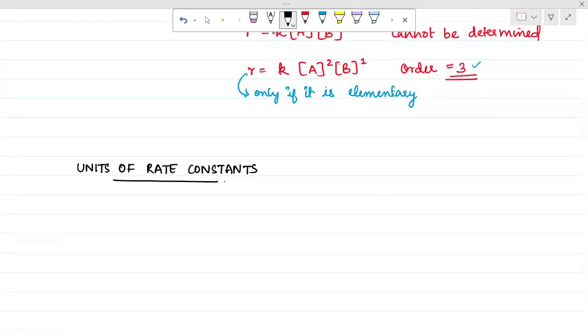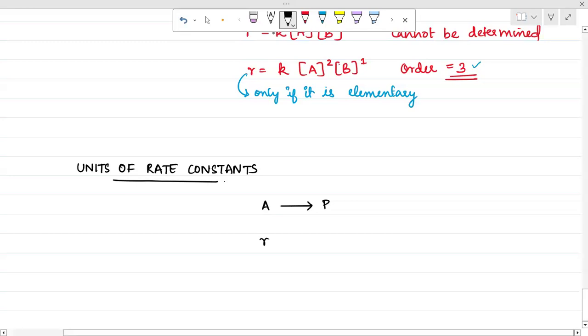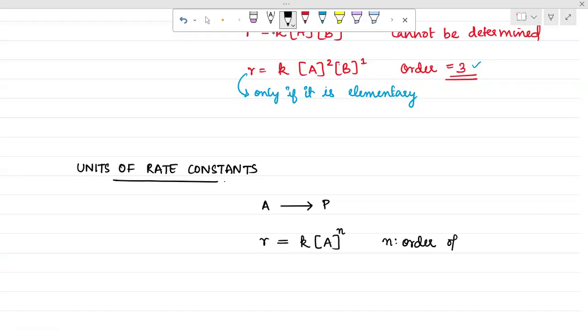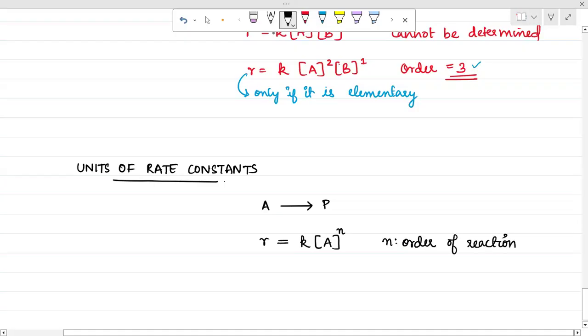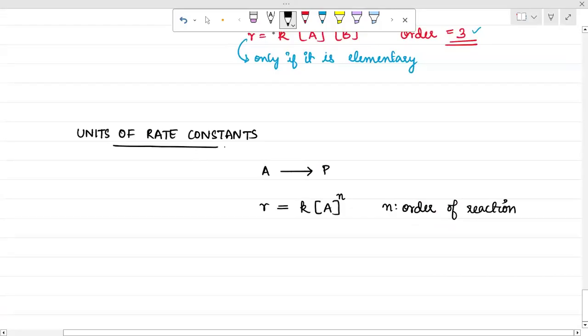We did see that if you have just a reactant A giving some product P, the rate is equal to rate constant, concentration of A raised to some power, which we don't know. Let's take it as N, and N is the order of the reaction, where we have only one reactant.